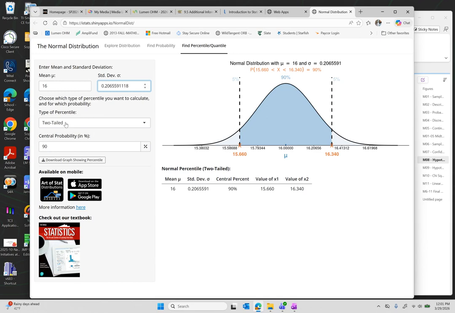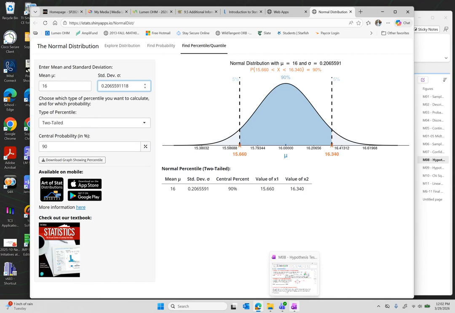We are looking for a two-tailed test. The central probability will be 90. This will give us 5% in the left tail, which is what we want, and 5% in the right tail, which is again what we want. And the interval of times will be from 15.66 seconds to 16.34 seconds.